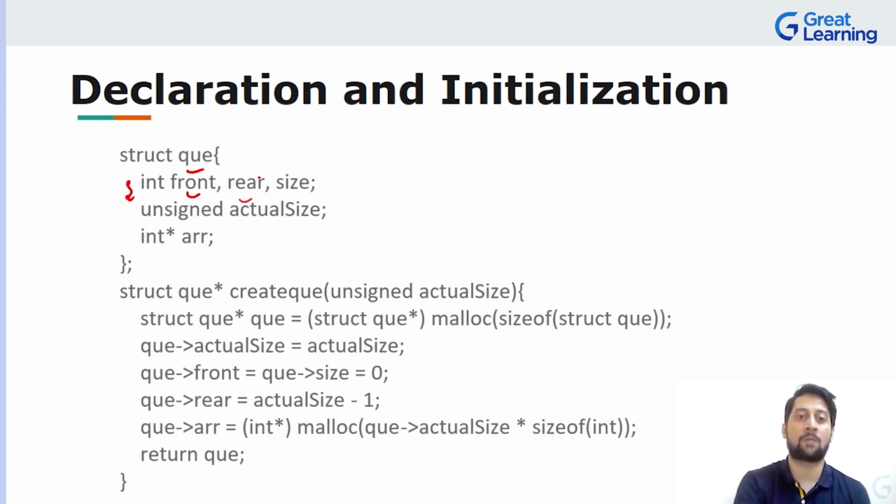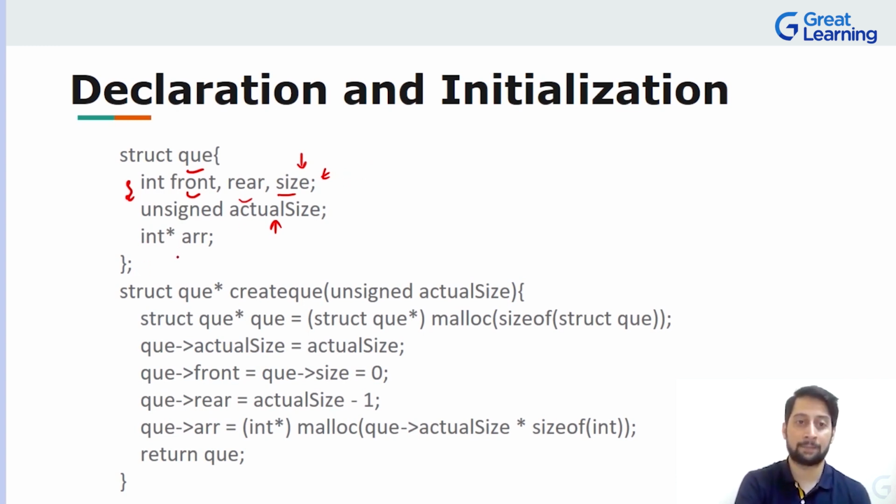Then there is rear, with the help of which we can insert elements in the queue. Then there is the size, since we are implementing it with an array. We have an unsigned actual size of the array, and this size is where we keep track of how many elements are there in the array.